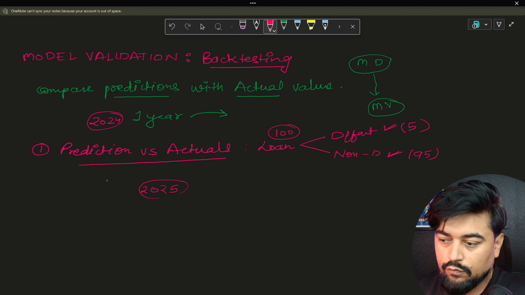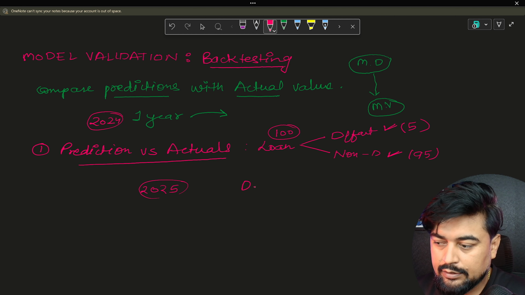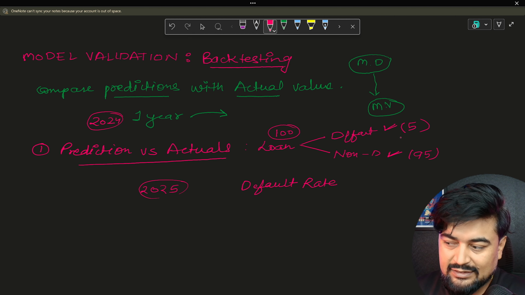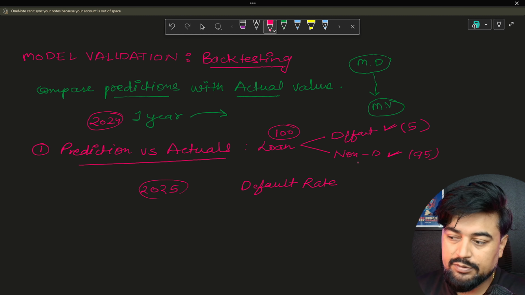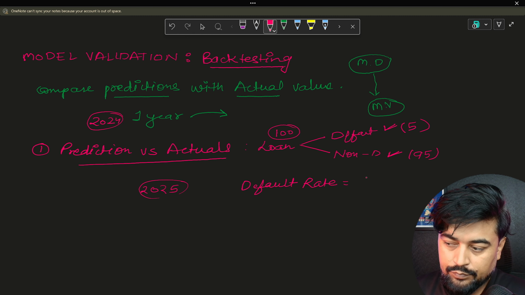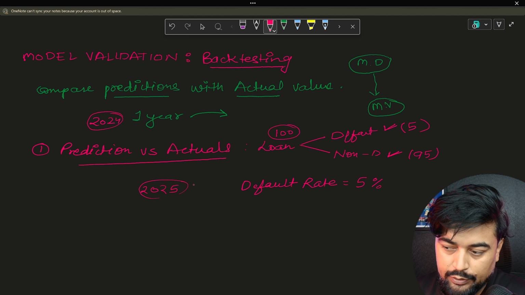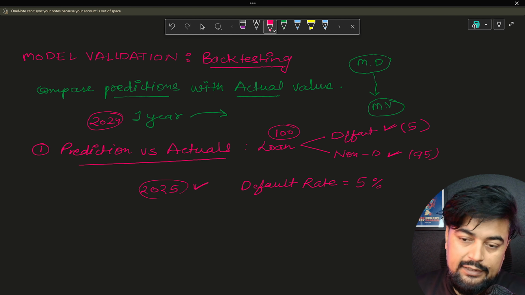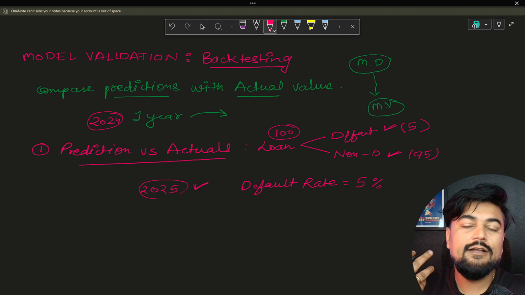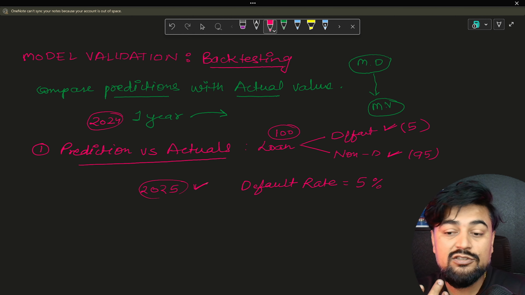Over this whole year, the model said the default rate, or percentage, it's the same thing, was 5 out of 100, so 5%. So the default rate was 5% as per the model. Now the model validation team will check what the actual default rate is in 2025.